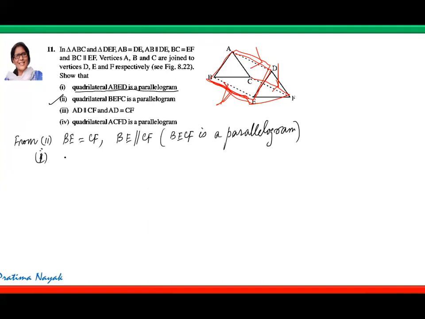From 1, I'll write BE is parallel to AD, BE is equal to AD, because BEDA is a parallelogram.